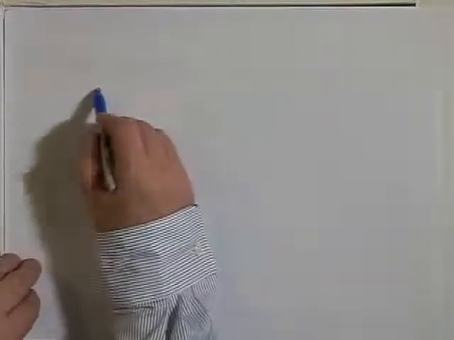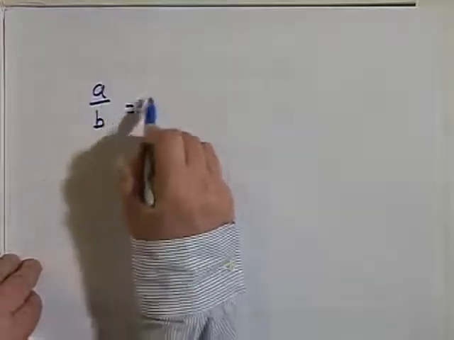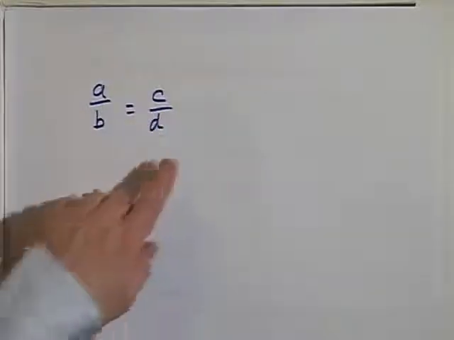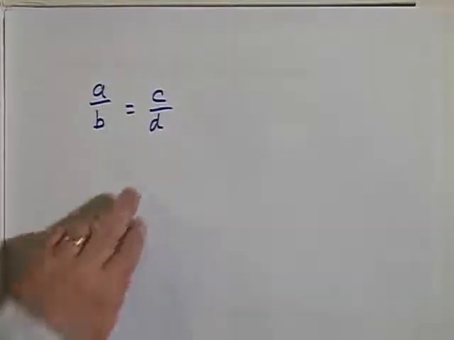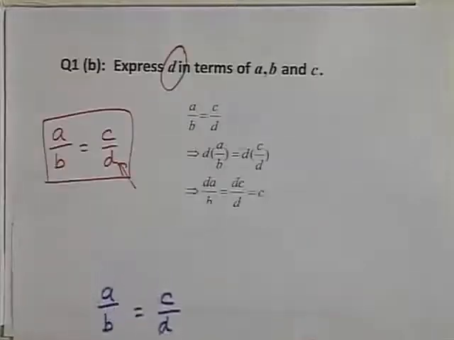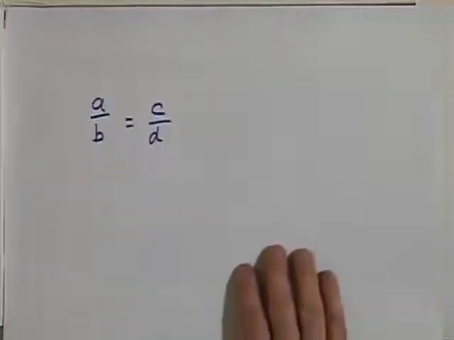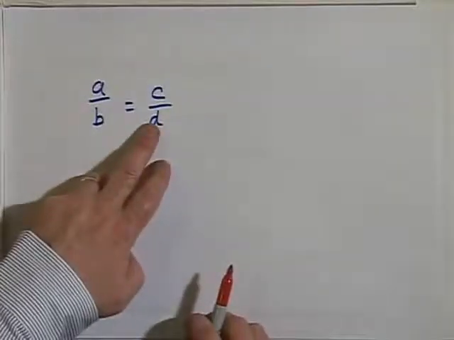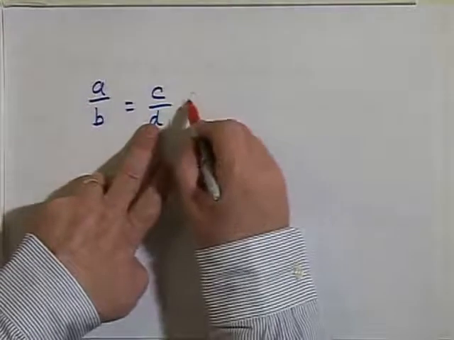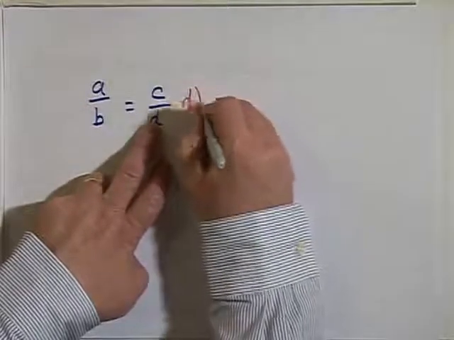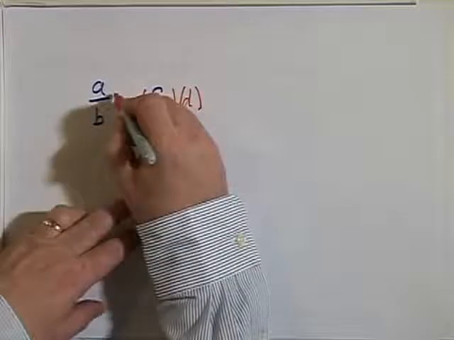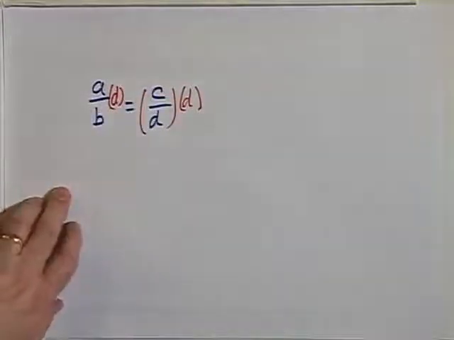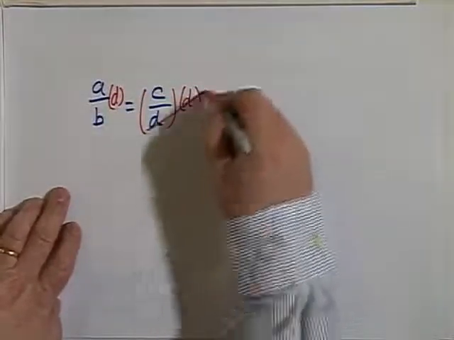So, A over B is C over D. Well, the first thing I don't like, possibly, is that D is on the bottom, where really it would be better if it was on the top. Is that okay? So, it's dividing by D, so if I multiplied here by D, I'd have to multiply here by D. And that would get rid of that.